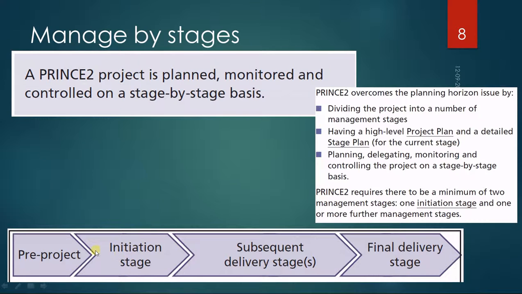But the thing about this one is that in the end of each stage, you make a detailed plan for the next stage. You don't start here when you know nothing and say here's the detailed plan for the entire project. So the length of the stages actually depends upon how long your planning horizon is.